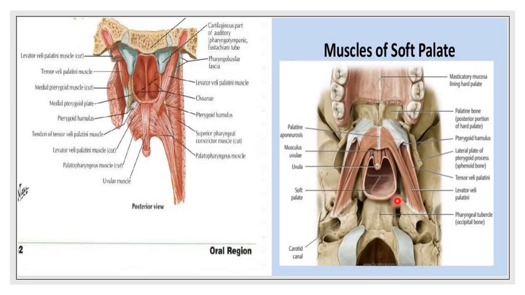Now these diagrams are showing you the attachment of the muscles of the soft palate. In this diagram, you can see these muscles of the soft palate from the inferior surface of the skull.